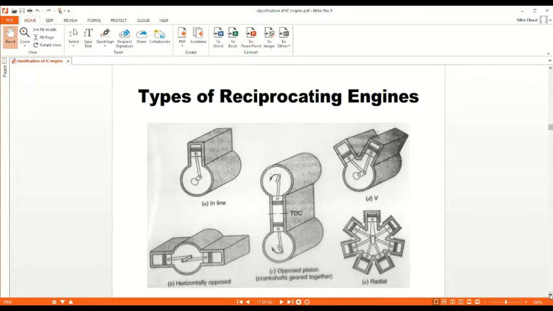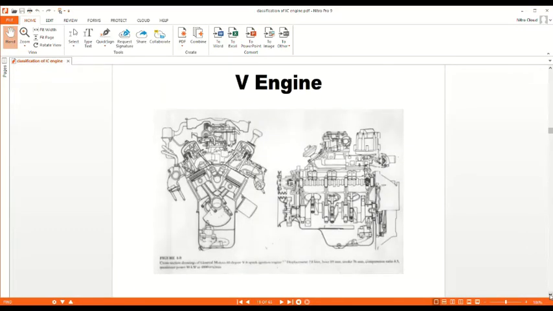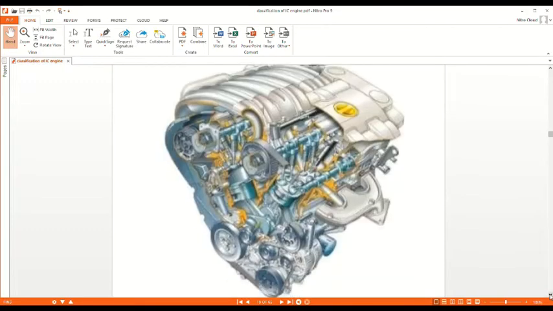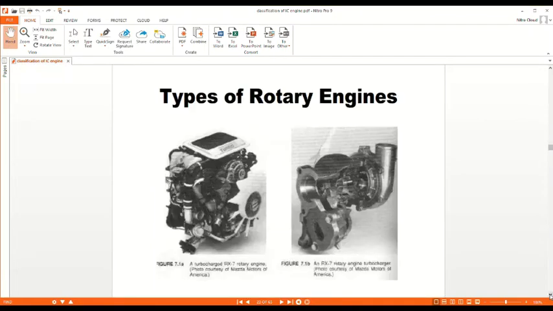So these are the models for inline engine, V engine, horizontally opposed engine, opposed piston engine, radial engine. So this is a V engine model. This is an example of a Wankel engine. Later I will show the animation of the Wankel engine.